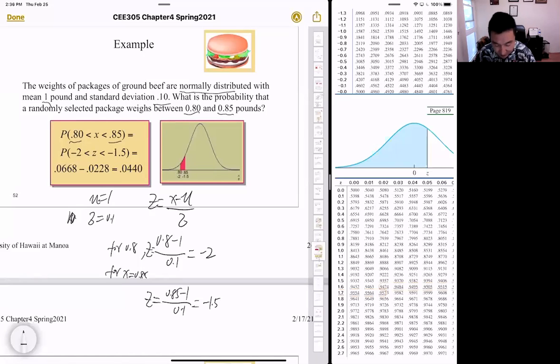Again, the Z-score means how many standard deviations away from the mean value. If it's negative, it is on the left side. If it's positive, that's on the right side of the mean. So for X equal to 0.8, the Z-score is minus 2, which is 2 standard deviations smaller than the mean value.